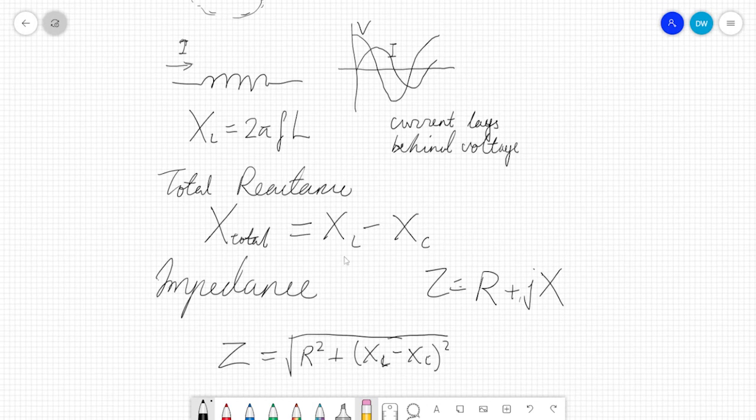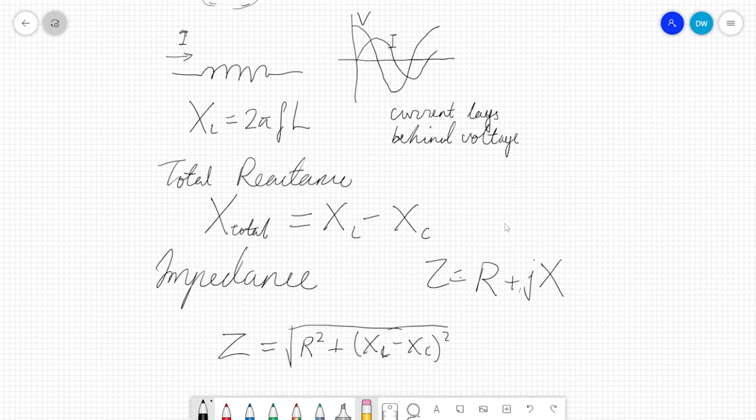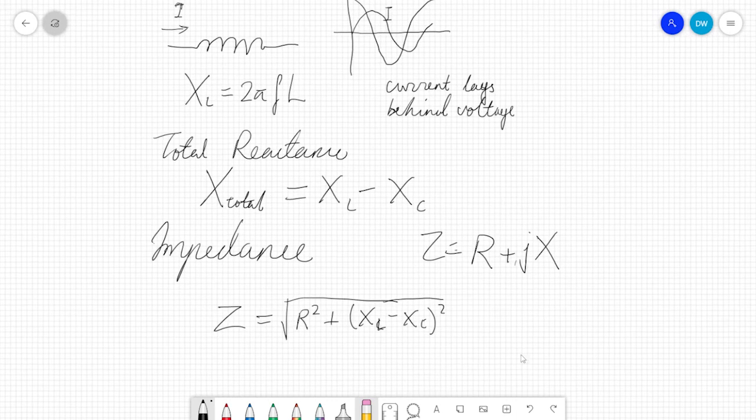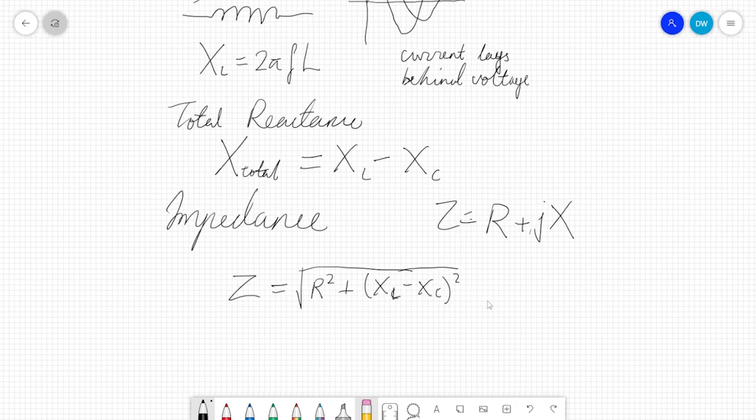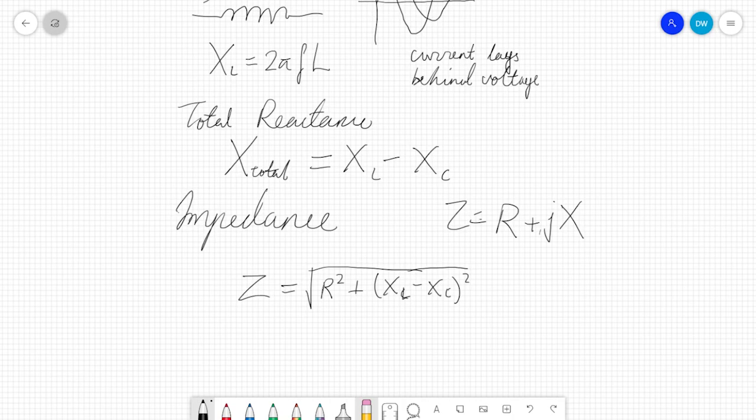So we end up with the total reactance being the difference of the two. And of course, for total impedance, we just have to focus on the magnitude, which is basically the hypotenuse of the resistance and the total reactance. And so there is that.